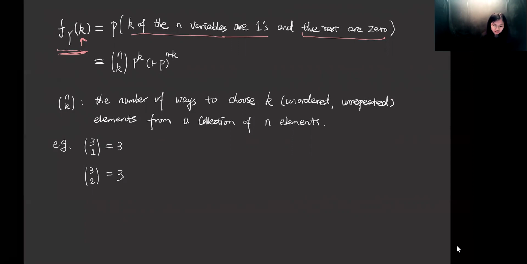K of the random variables are ones and the rest are zero. That corresponds to different outcomes of the Bernoulli trial process.